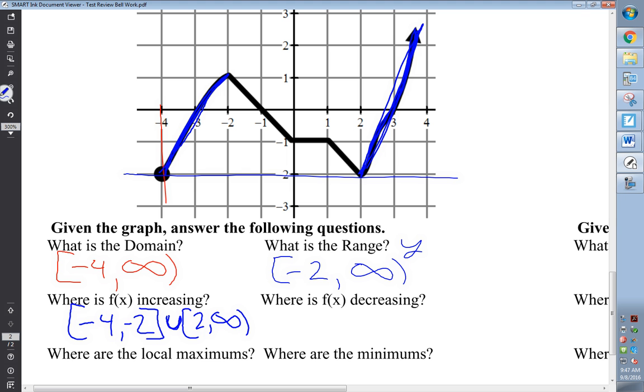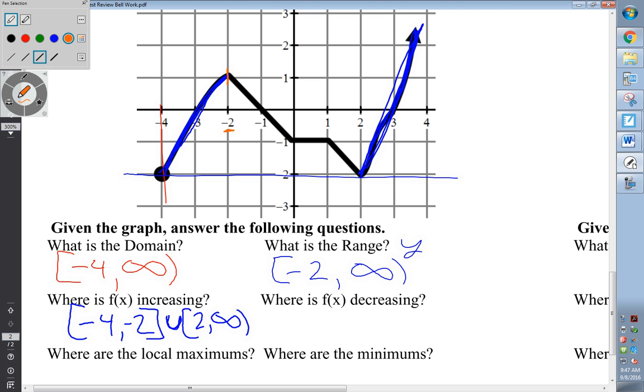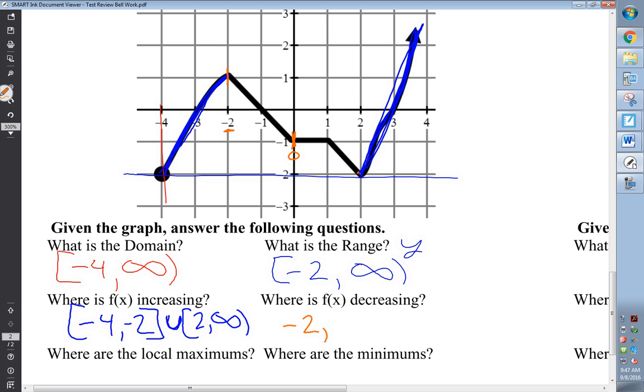Good. Craig, what about when I'm decreasing? Decreasing means going down. When is that graph going down? From right here, which is at -2, to right there, which is 0. Why did you stop at 0 and not continue all the way down to the valley there?